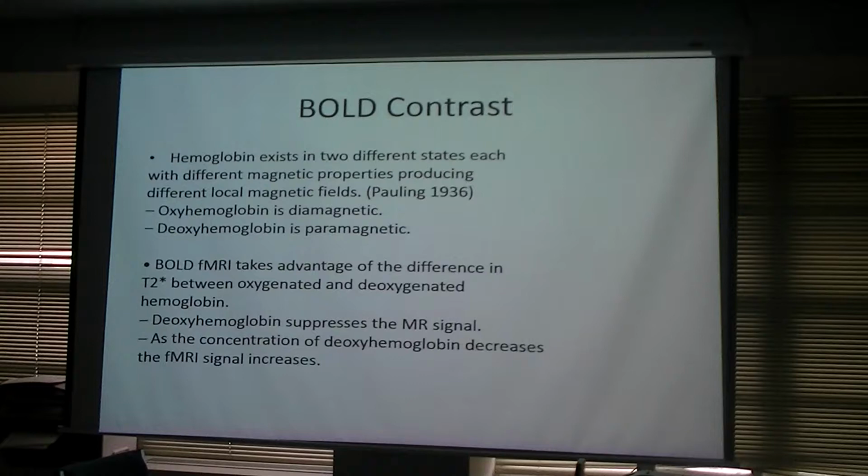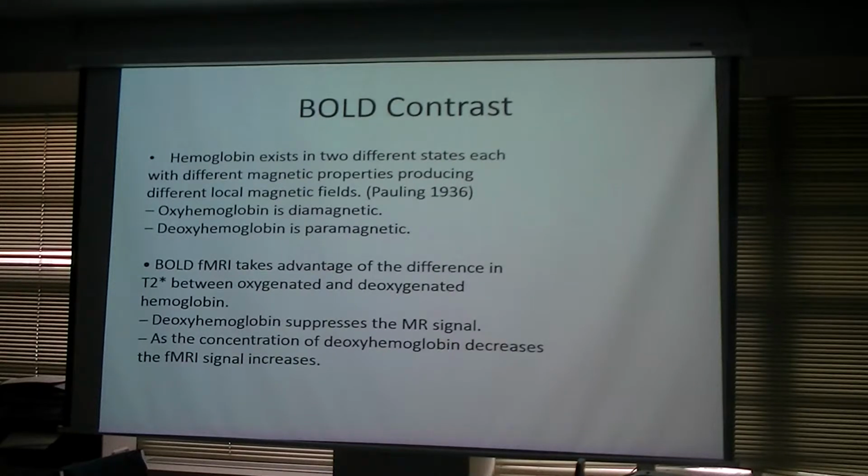Hemoglobin exists in two different states: the one with oxygen bound is oxyhemoglobin, which is diamagnetic, and deoxyhemoglobin is paramagnetic. BOLD fMRI takes advantage of the difference in T2 star between oxygenated and deoxygenated hemoglobin.